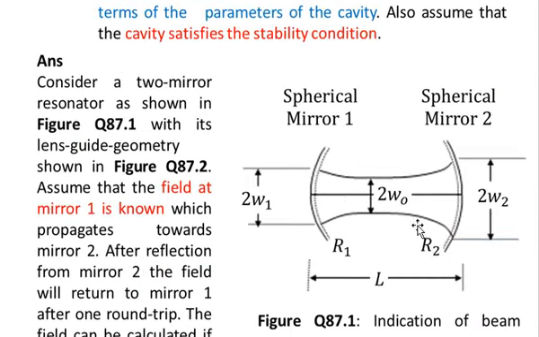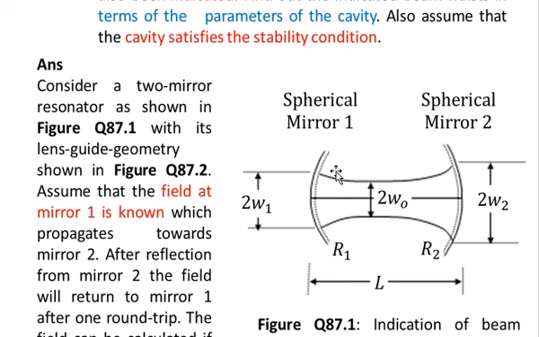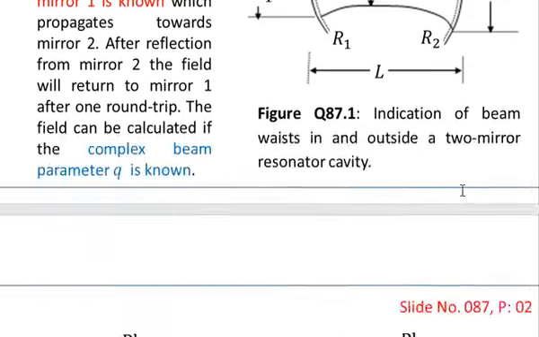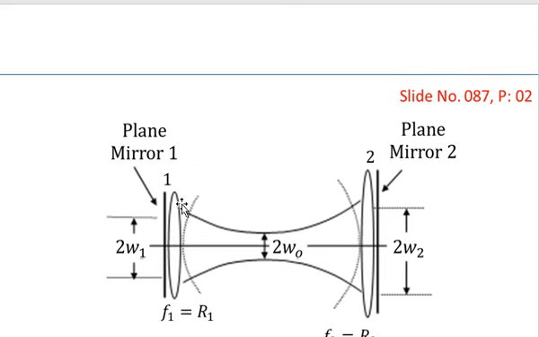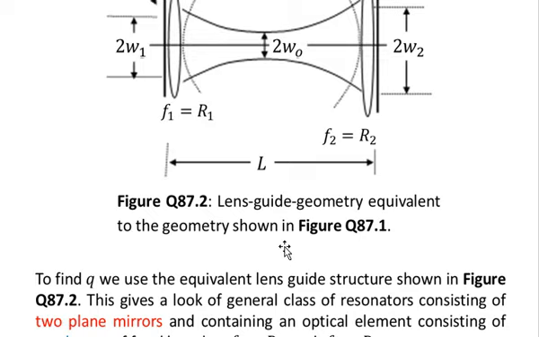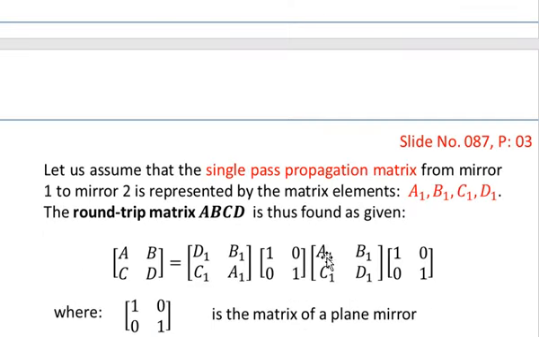After this mirror, the light will propagate towards mirror 2. In the region after mirror 1 and just before mirror 2, the propagation of the field is governed by the matrix A1, B1, C1 and D1.